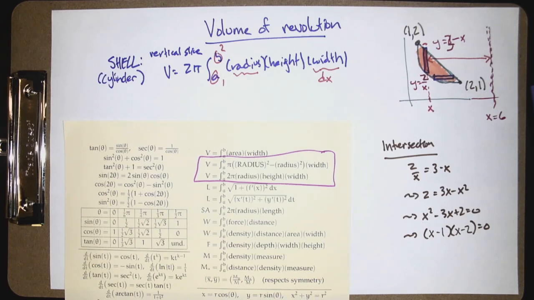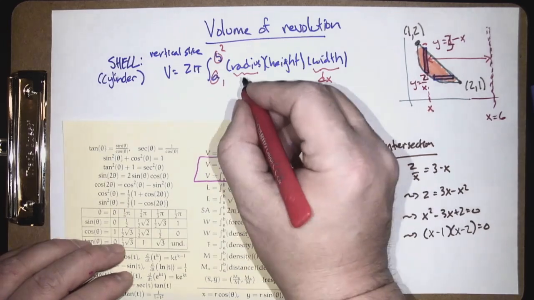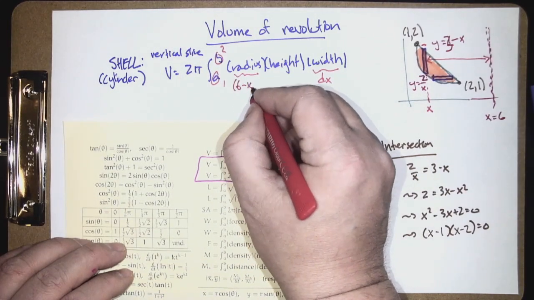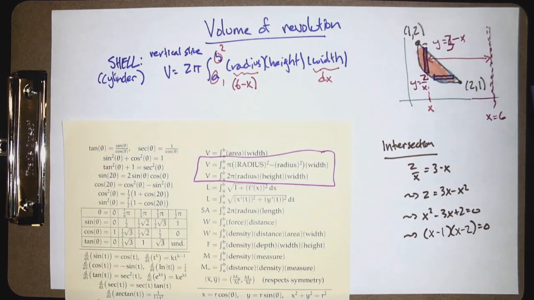Is it 6 minus x or is it x minus 6? I've heard a lot of people saying x minus 6. Well, no, it's 6 minus x. Good. Why is it 6 minus x and not x minus 6?